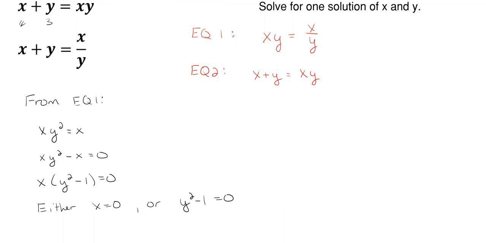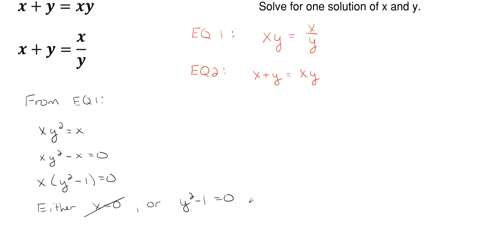If x is equal to 0, that means the left side is equal to 3, but on the right side, anytime you multiply something by 0, you get 0. So x cannot be 0. It doesn't make any sense with that very beginning equation, so that is not an option here.